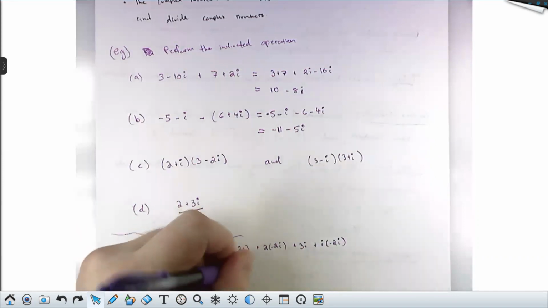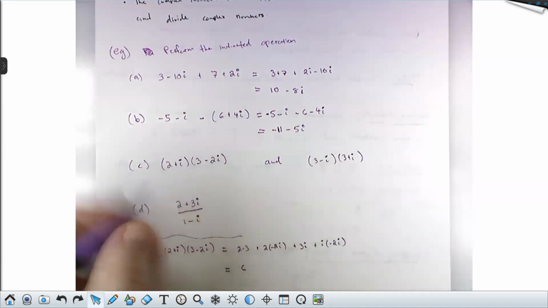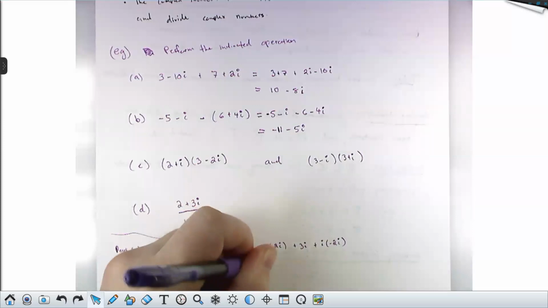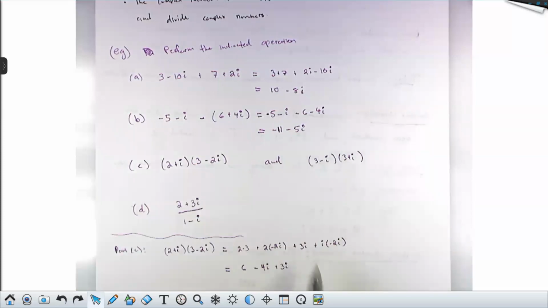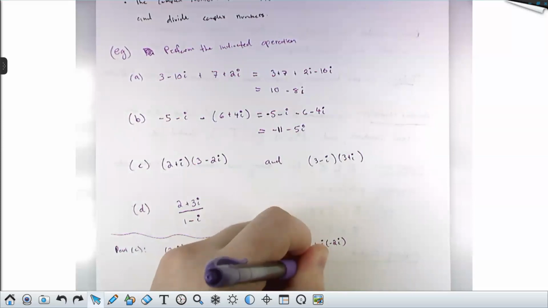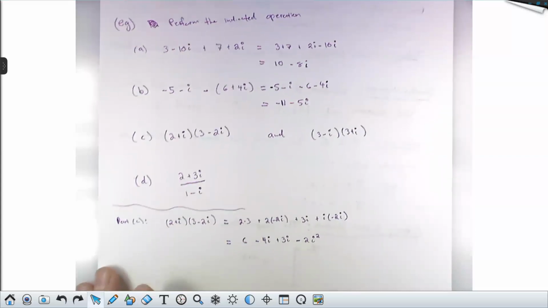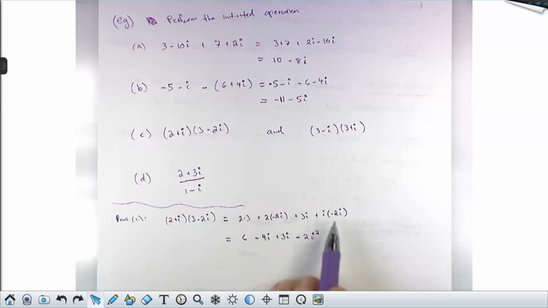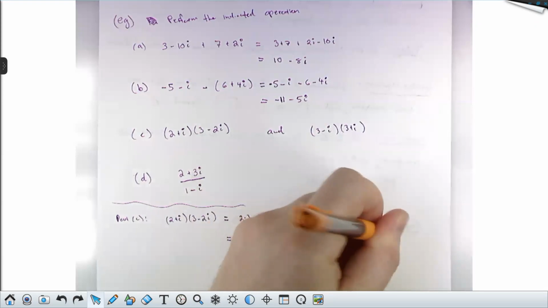So 2 times 3 is 6. 2 times negative 2i, again, treat the i like a variable. That would be negative 4 times i. So it's minus 4i. And you have the plus 3i. And then i times negative 2i. Again, if we just treat the i like a variable, then that's going to be negative 2 times i squared. And only the i is being squared there, right? Not the 2, not the negative. And this is where we remember i squared is negative 1.